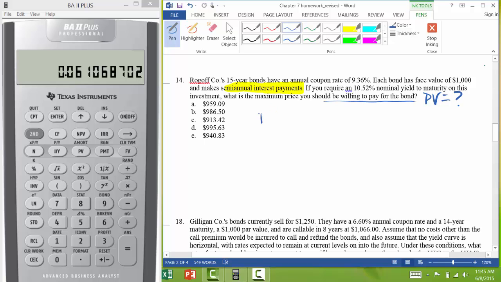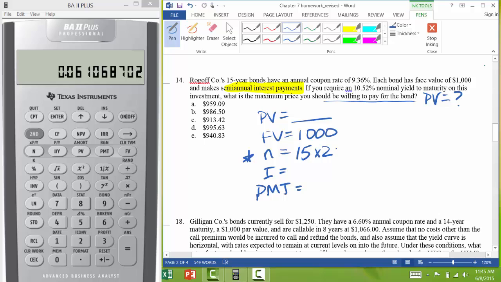So I know I'm going to solve for present value. I'll put a future value down in I and payment. Okay, so the future value, since this is not a yield to call, it's a regular bond, is 1,000. N, it says that it's a 15-year bond, but since it's semi-annual, we have to adjust this.